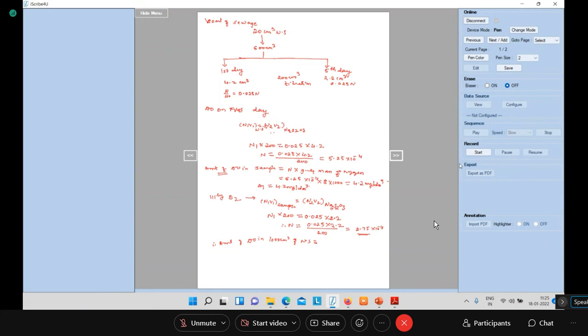So you multiply 2.75 × 10^-4 by 8, and I will directly convert it into milligram, 1000. So this comes out to be 22.2 mg per dm cube. So now you know D1 and D2. D2 is equal to 22.2 mg per dm cube.